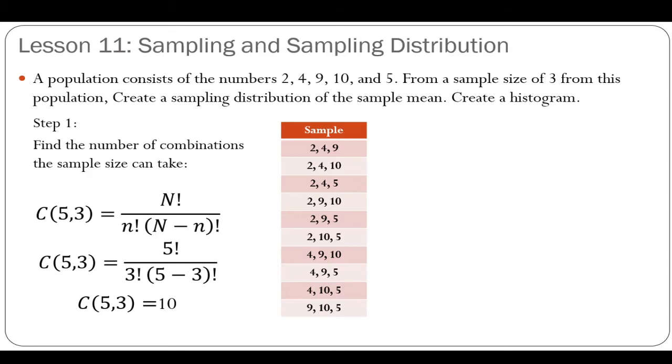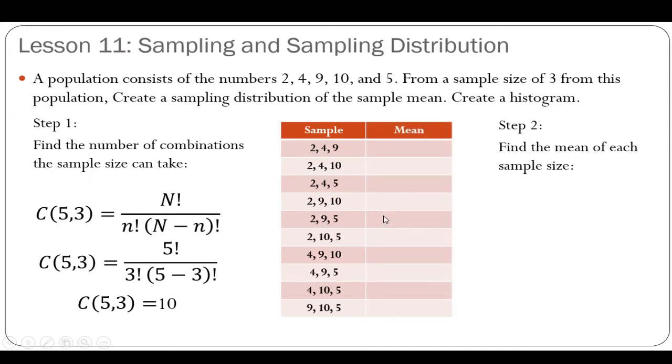Okay? Next. Find the mean of each sample size. Ano ibig sabihin, sir? Ibig sabihin, kukumpiting ko kada isa yung average nila. So, paano yun, sir? We're gonna create another table, then use the formula, mu is equal to summation of x over n. Ganito po.